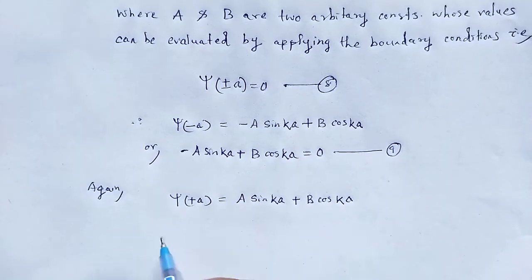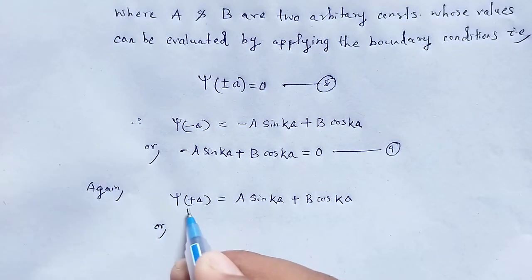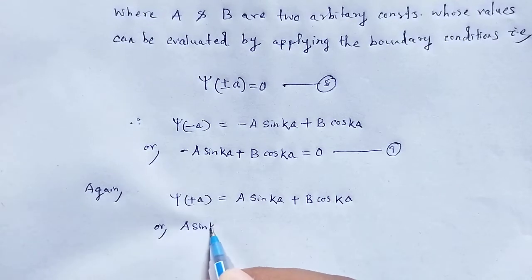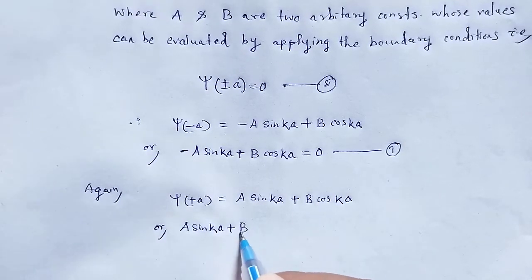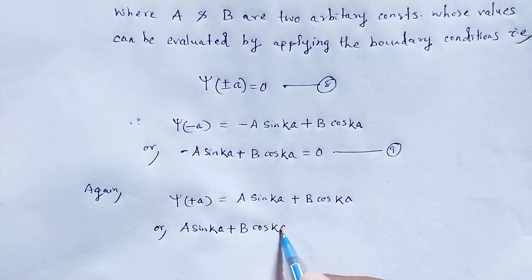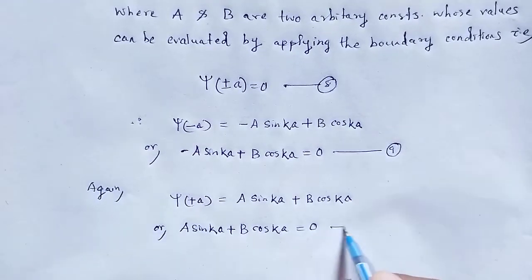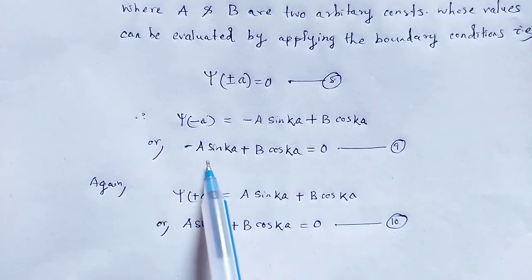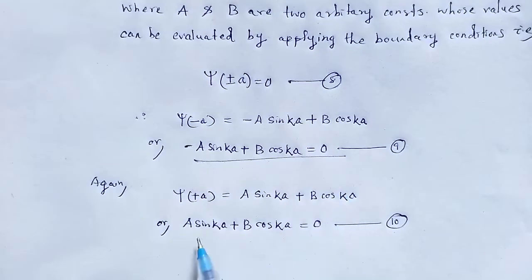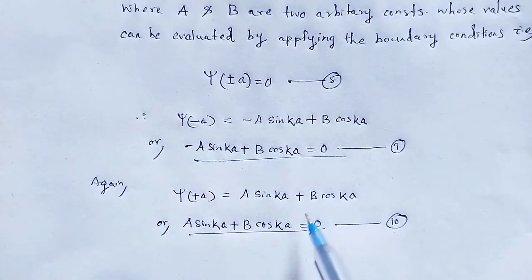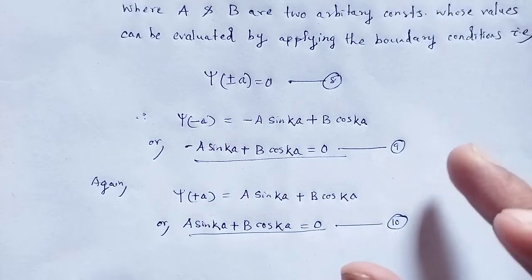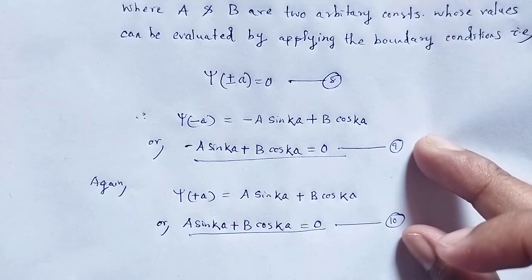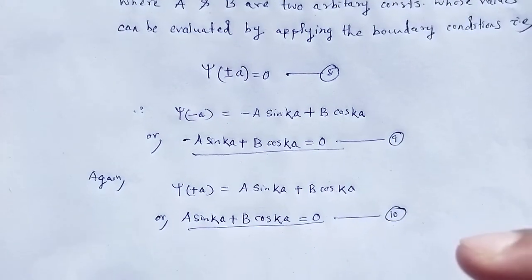Again that value will be 0, therefore a sin ka plus b cos ka is equal to 0, that is equation number 10. Now this is equation number 9, that is equation number 10. From these two equations, when we solve, adding and subtracting these two, we get the values of these constants.